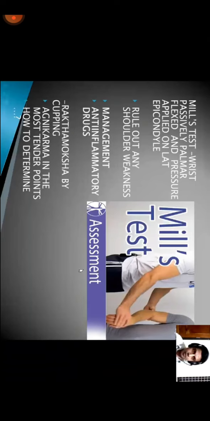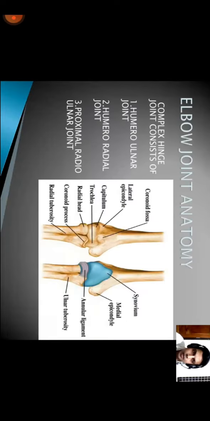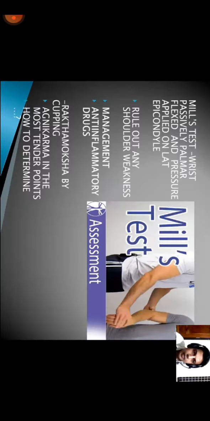There is a test called Mill's test. The patient is sitting, the wrist is passively palmar flexed, and pressure is applied on the lateral epicondyle. Here the physician is applying pressure on the lateral epicondyle, and there will be pain in case of tennis elbow.